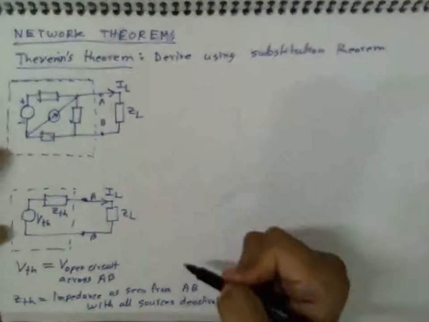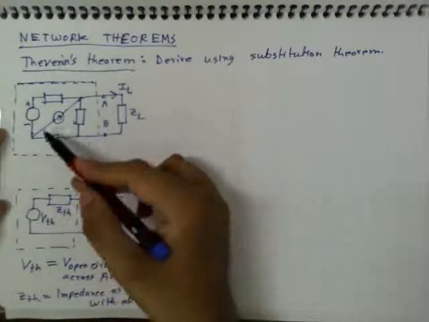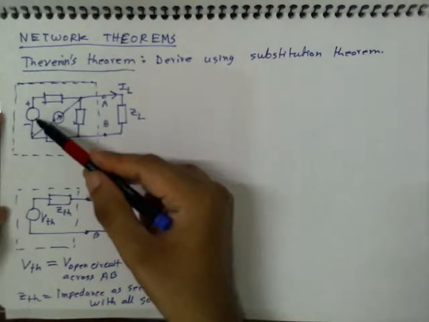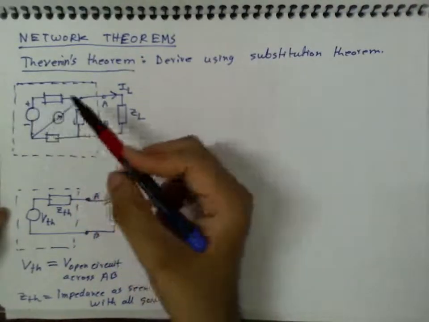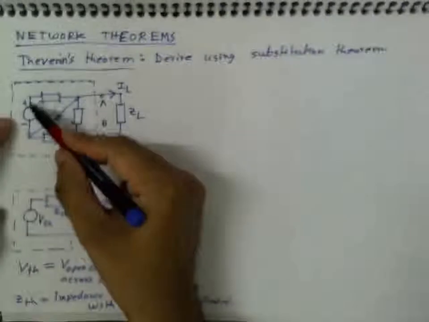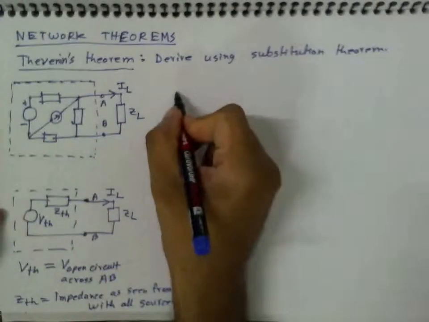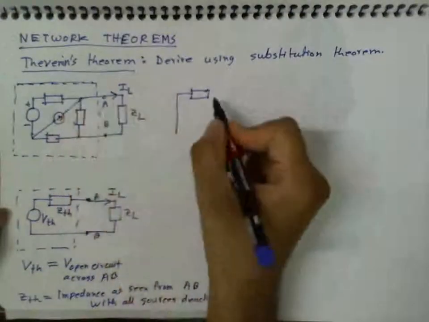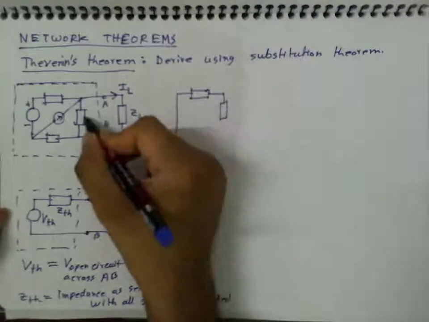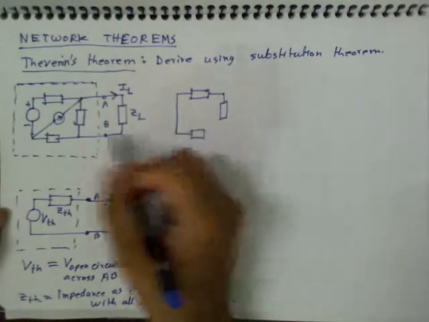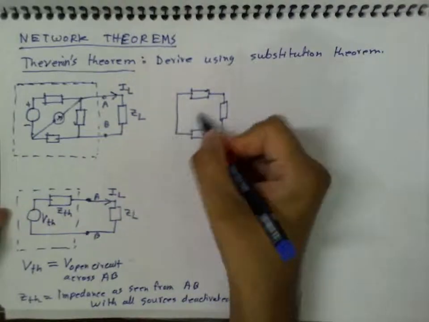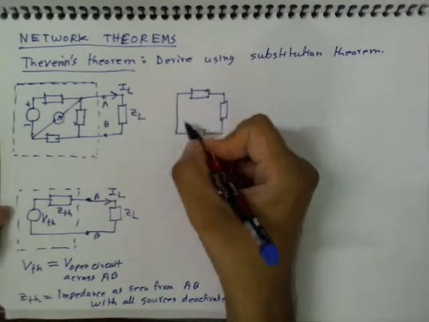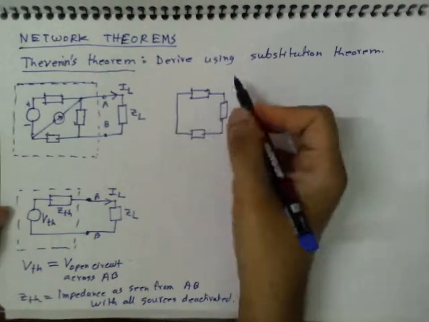By deactivating sources, in the original circuit I have to replace all the voltage sources with their internal impedance, which ideally is 0. For this ideal voltage source the internal impedance is 0, so I replace it with a short circuit. The impedances remain as they are, and the current source I have to replace with its internal impedance, which for an ideal current source is infinite, so I keep it open.